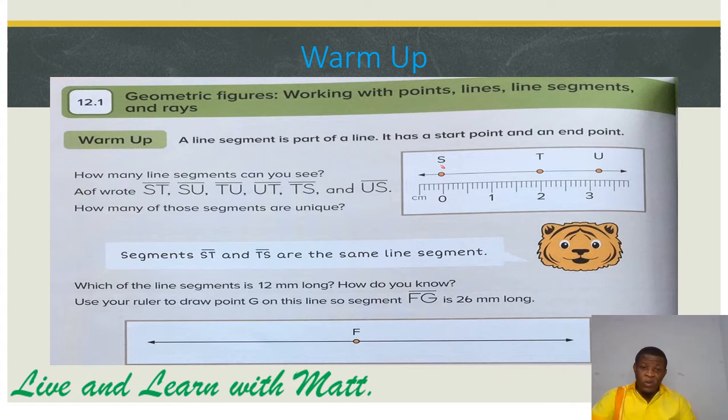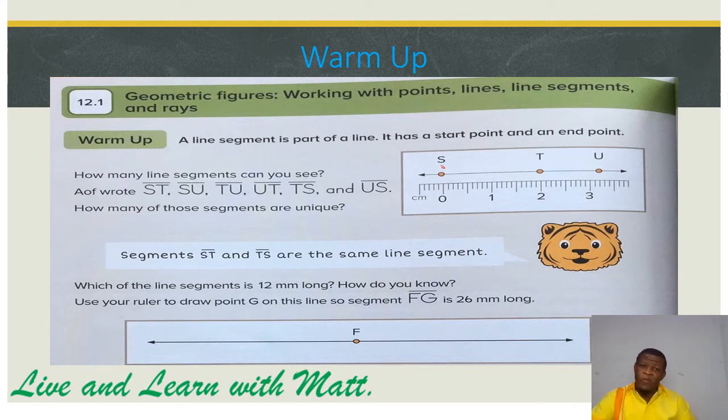Now the other ones we have: line SU, line TU, line UT, TS, and line US. It can come from any direction, from left to right or from right to left.